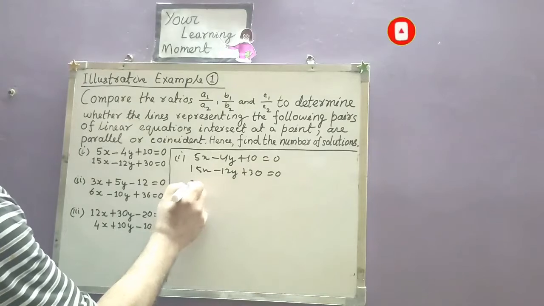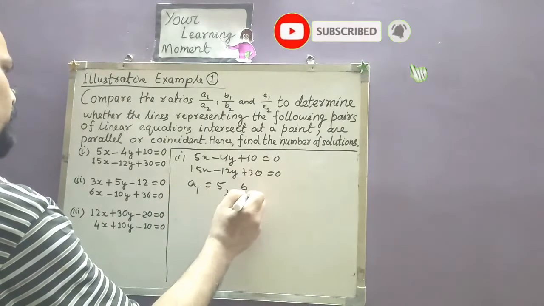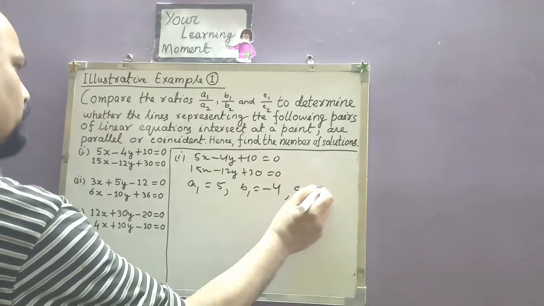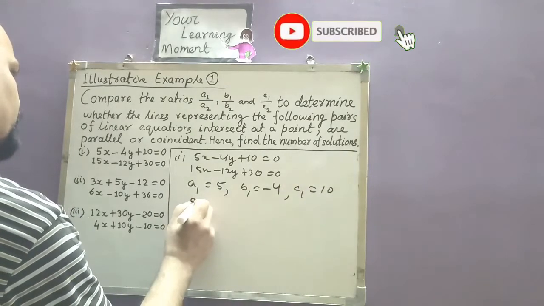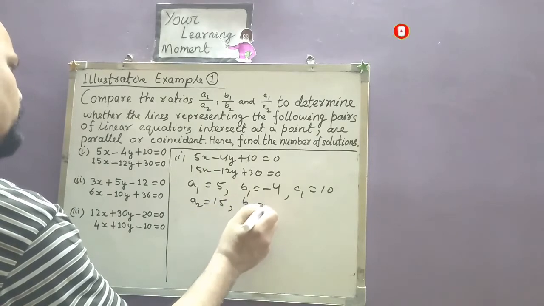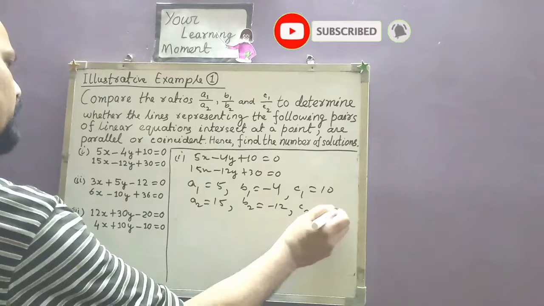Here a1 equal to 5, b1 equal to minus 4, c1 equal to 10, a2 equal to 15, b2 equal to minus 12, c2 equal to 30.